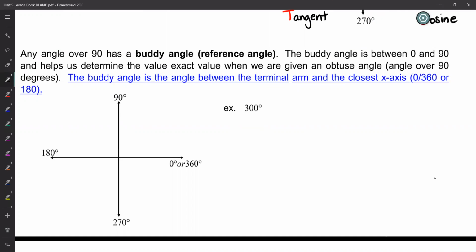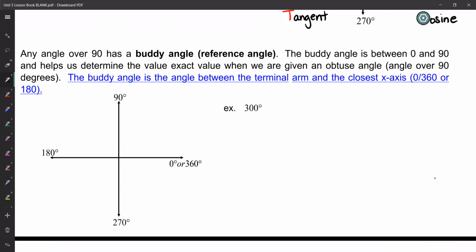And the buddy angle will be between 0 and 90. So it will be an acute angle that will help us determine the exact value when we're given an angle over 90 degrees. So the buddy angle is always the angle between the terminal arm and the closest x-axis. So the buddy angle will be between the 0, 360 line or the 180 line.